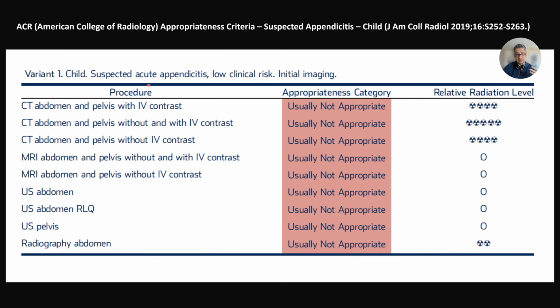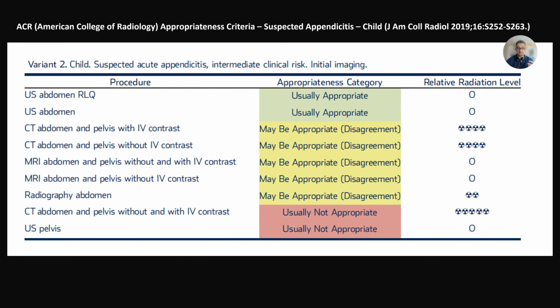So if there is low clinical risk, don't do imaging. Variant 2, a child with suspected acute appendicitis with intermediate clinical risk, and the initial imaging should be ultrasound. Ultrasound is the appropriate initial imaging study. Don't start with a CT or MRI.